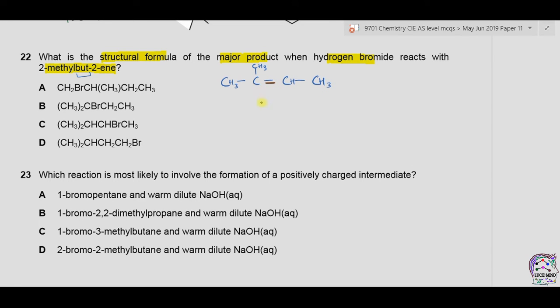Now this reactant can react with HBr in 2 different ways. In one, this carbon is attached with the hydrogen atom and this one with bromine, while in the second the other carbon is attached with a bromine atom and this one with hydrogen. The products formed will be like this: CH3, carbon, CH3.